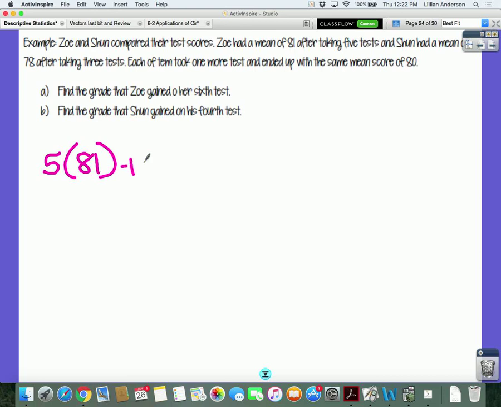She took 1 more test, which makes for a total of 6 tests. Since we don't know what each individual test was, to find the sum you can multiply the average by the number of tests she actually took.